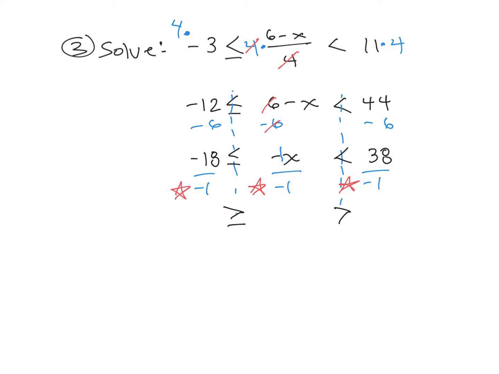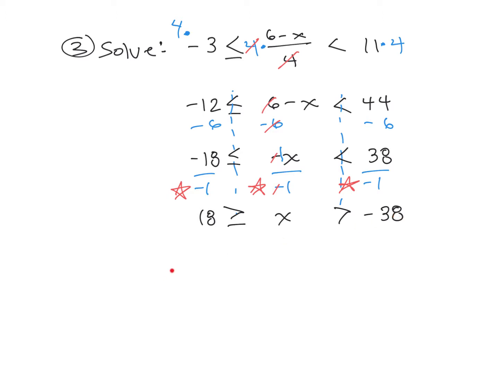-18 divided by -1 is +18. The negatives, and even the ones, if you prefer, cancel, leaving me with x. And then +38 divided by -1 is -38. And I just don't like the way this is written, so I'm going to turn this all the way around. My smallest number is this -38.